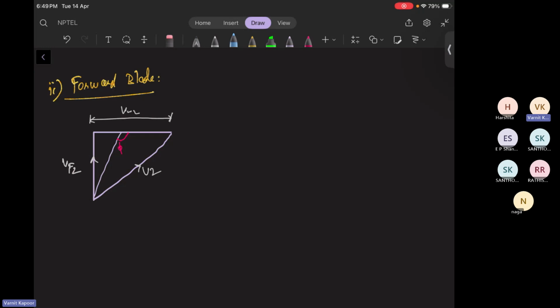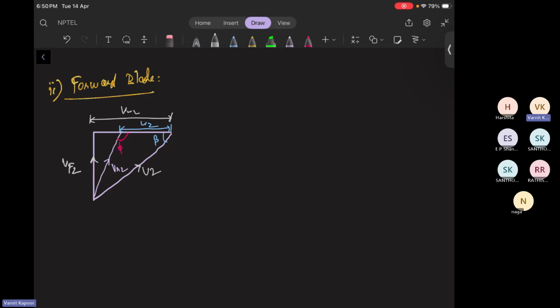Whereas your U will be this time from this to this, U2, and the relative of both of them will be VR2. These satisfy all the conditions which we have built in the previous tutorial. And this will be your angle beta.